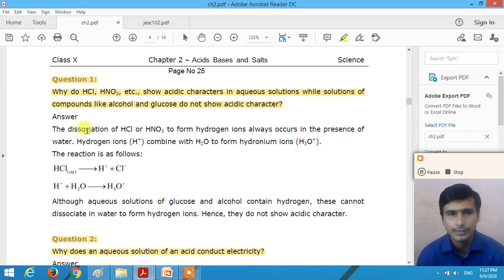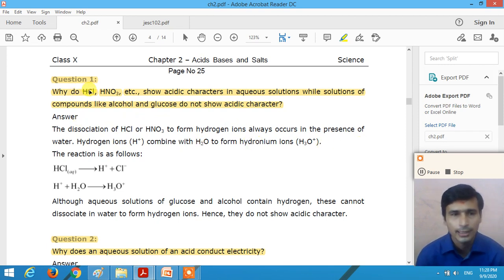So this is due to the dissociation of HCl and HNO3 to form the hydrogen ion. When we dissolve HCl or HNO3 in water, in the presence of water it produces the hydrogen ion. The hydrogen ion H plus combines with H2O water molecules to form the hydronium ion.